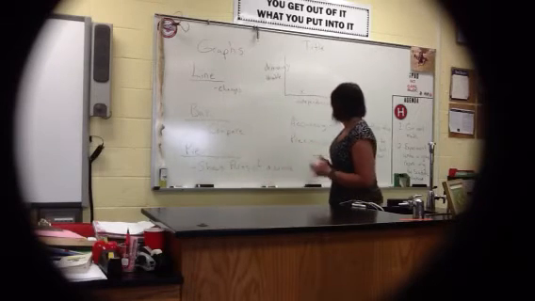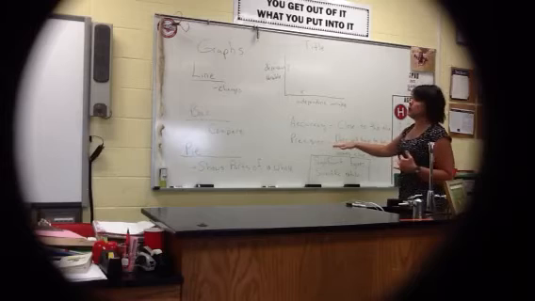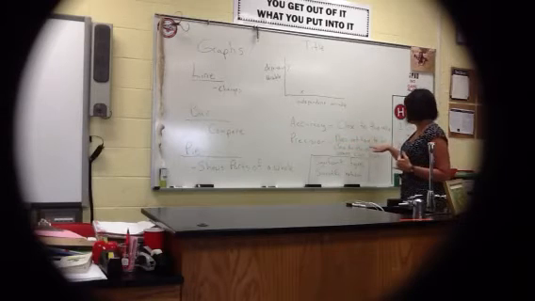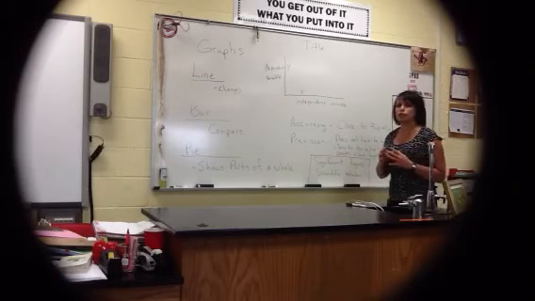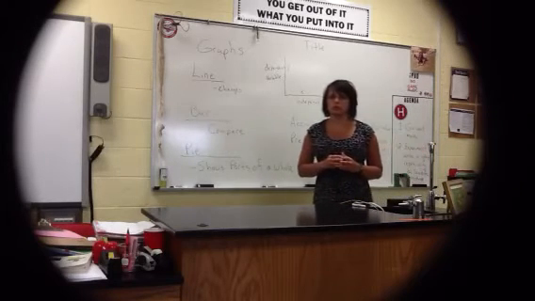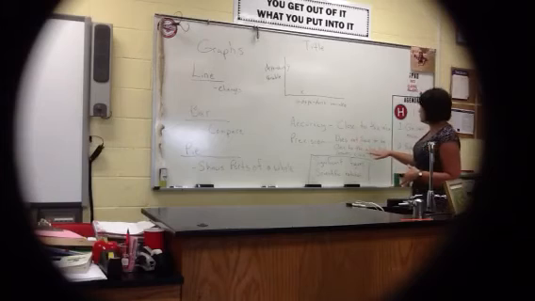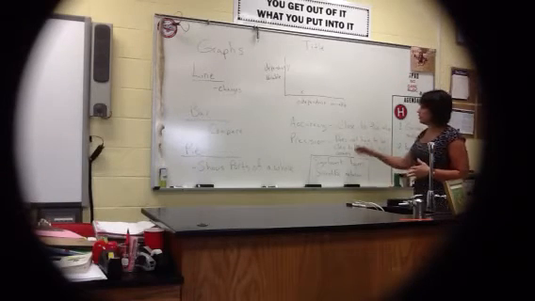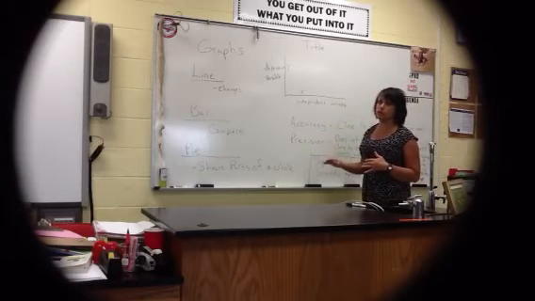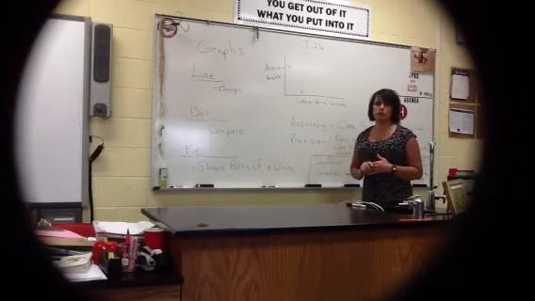Okay. Now, the difference with precision is it does not have to be close to the bullseye, but your darts need to be close together. Okay, so you're not close to the value, but your answers are close together. Okay, and that is the difference between accuracy and precision.